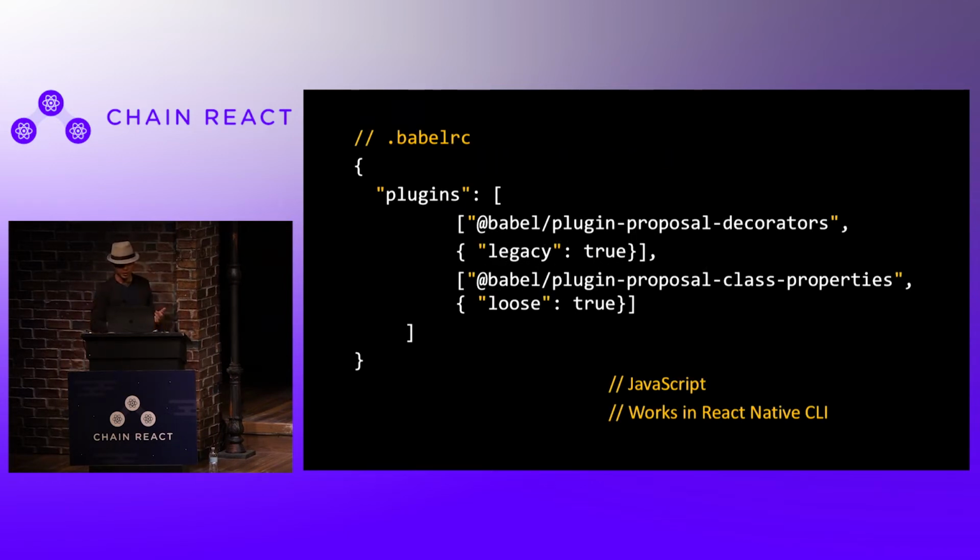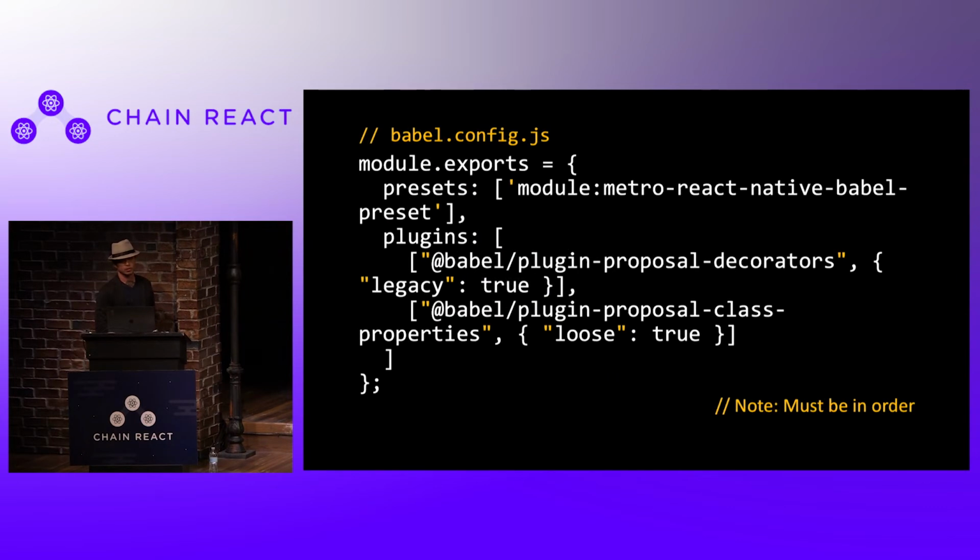And you should edit or update your .babelrc configuration to be like this. And if you prefer to use babel.config.js, this is how you do it. Note that the order of plugins is important. Decorators should be listed first. So here it is.